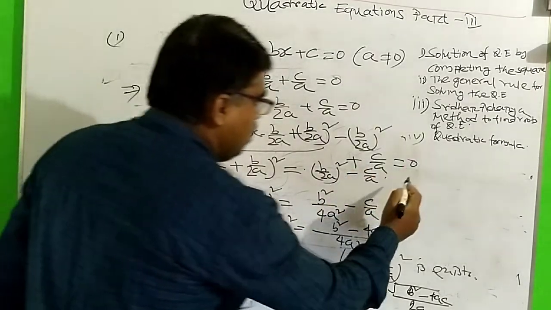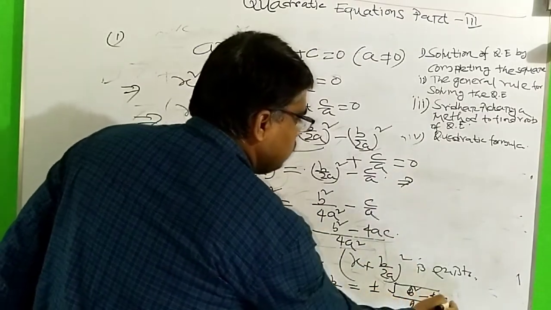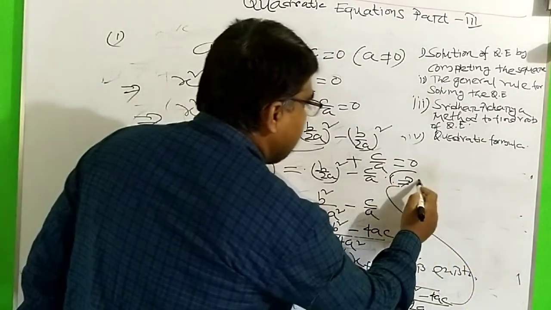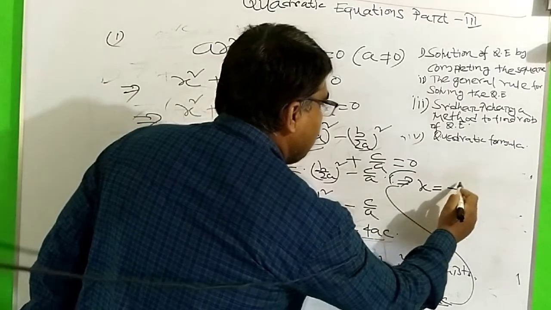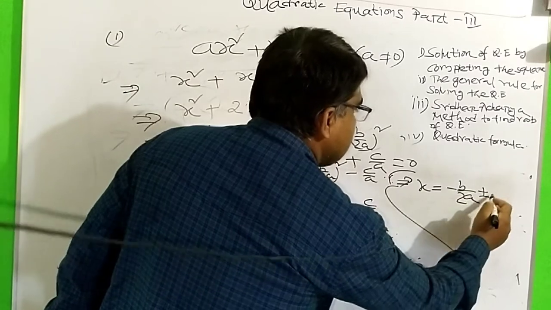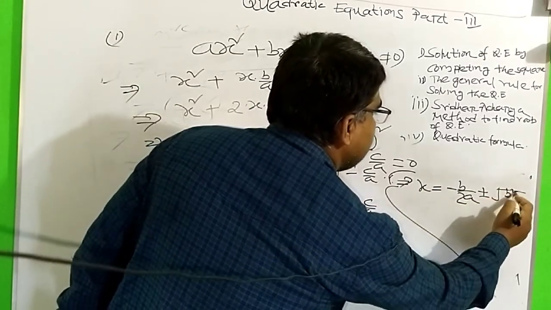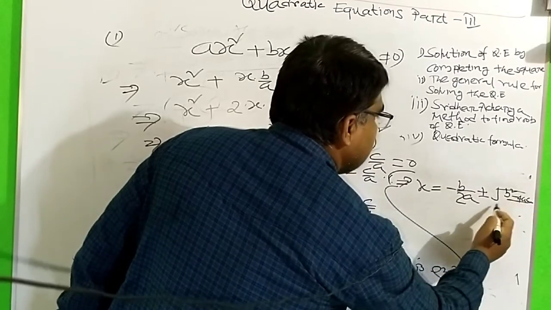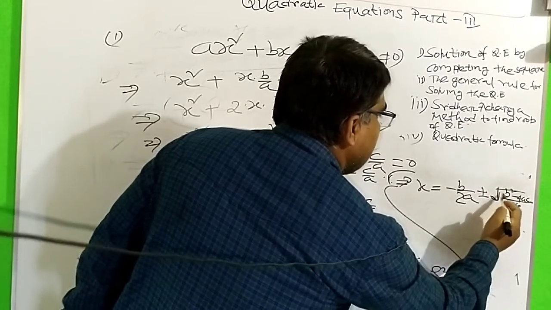Now this implies x equal to minus b by 2a plus minus root over b square minus 4ac by 2a. Okay.